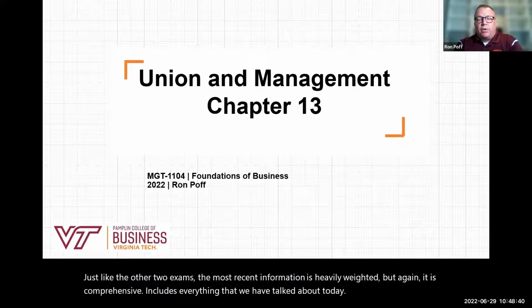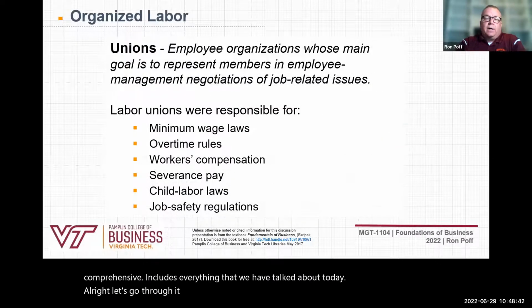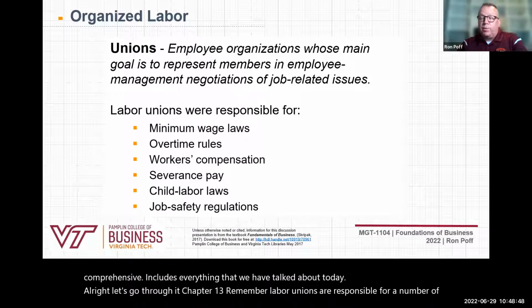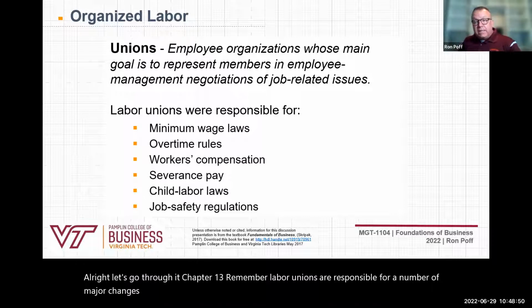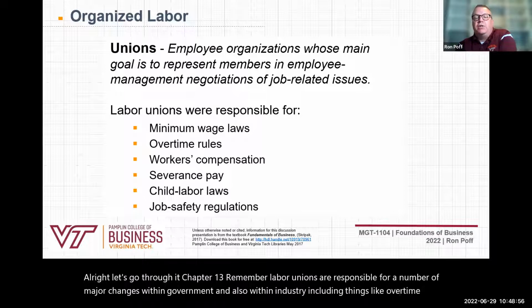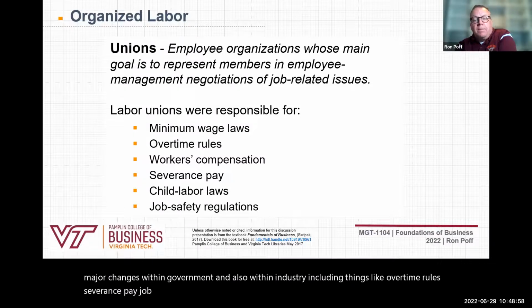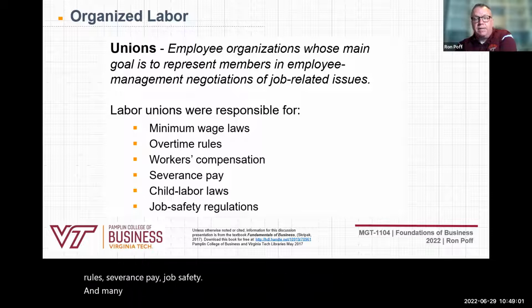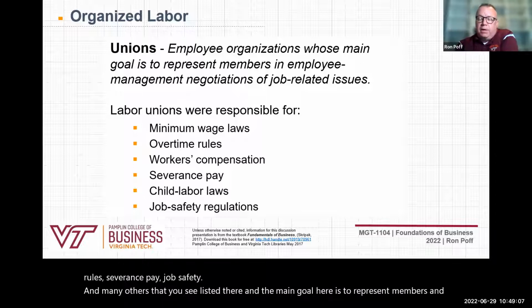All right, let's go through it. Chapter 13. Remember, labor unions are responsible for a number of major changes within government and also within industry, including things like overtime rules, severance pay, job safety, and many others that you see listed there. The main goal here is to represent members in employee and management negotiations.